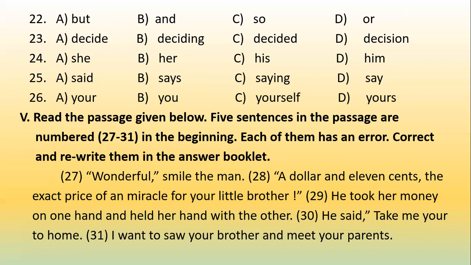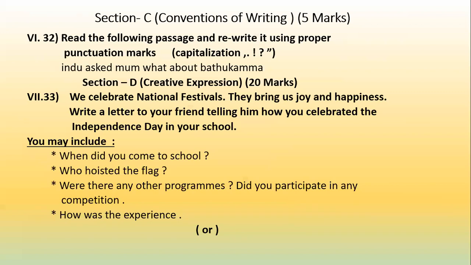Okay, children? Now, next. Section C, Conventions of writing. So Roman number 6, 32 number, read the following passage and rewrite it using the proper punctuation marks. So in the punctuation marks, what correction do you have to do? Capitalization, wherever capital letters are there, you have to write, comma, full stop, exclamatory mark, question mark, and inverted commas.